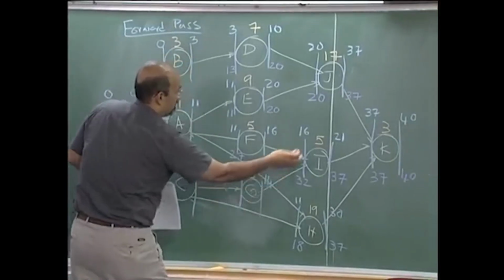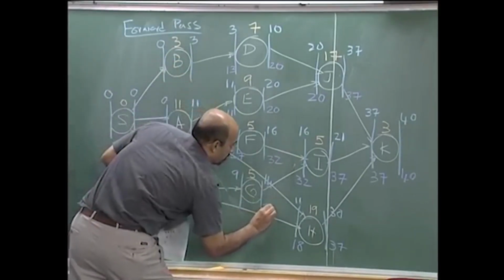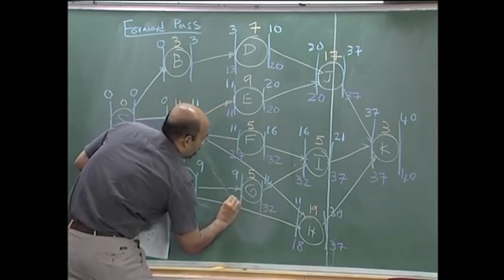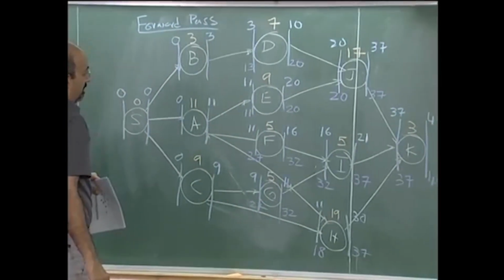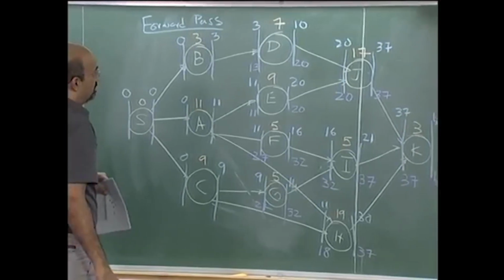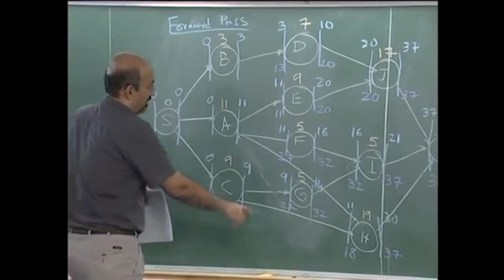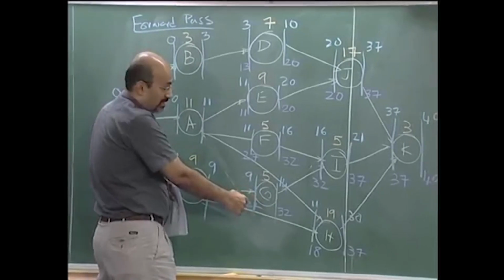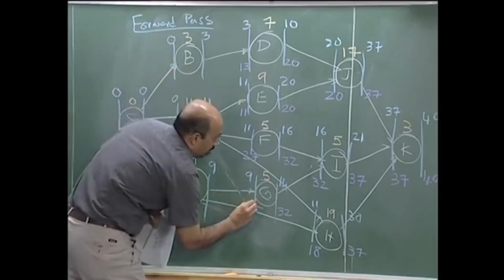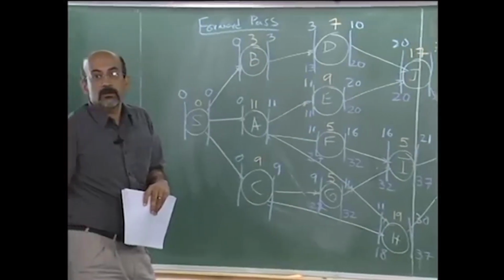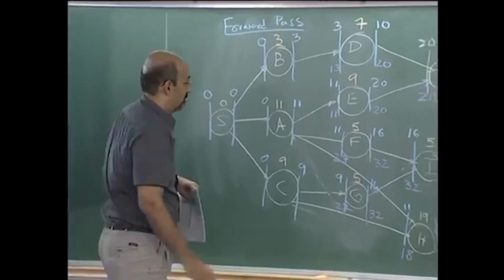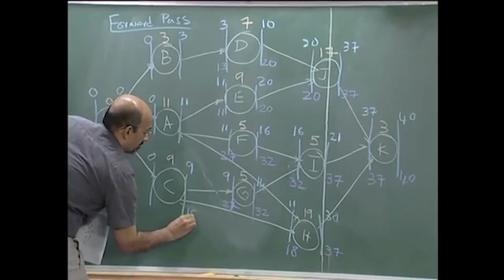G has only one, that is 32 and 27. Now we come to C. C has two successors. One is 27, the other is 18. So we take the least, the minimum value. So we go to 18, 9.